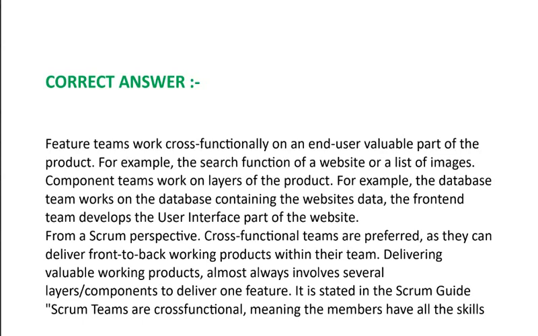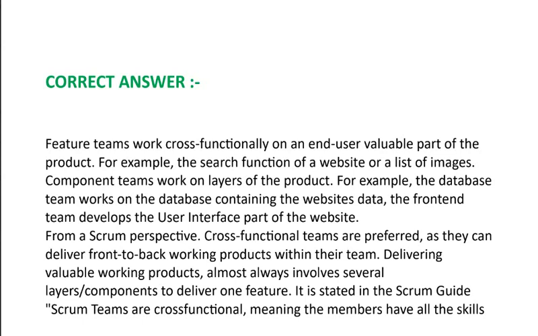From a Scrum perspective, cross-functional teams are preferred as they can deliver front-to-back working products within their team. Delivering valuable working products almost always involves several layers or components to deliver one feature. It is stated in the Scrum Guide.